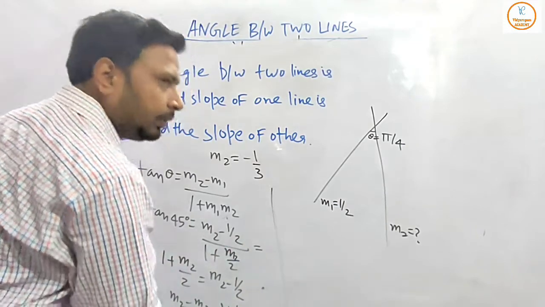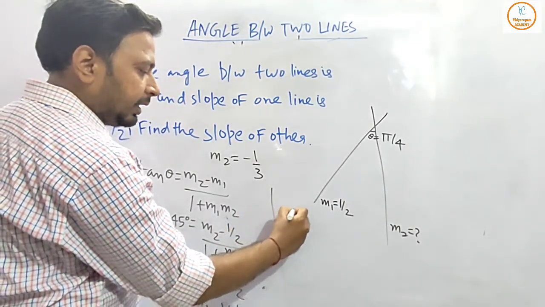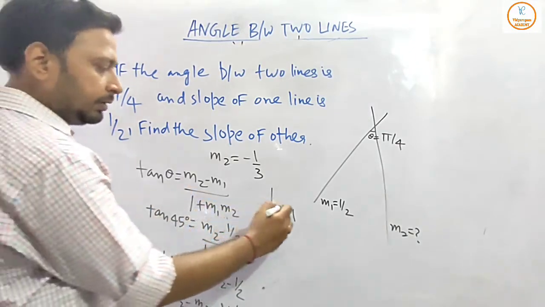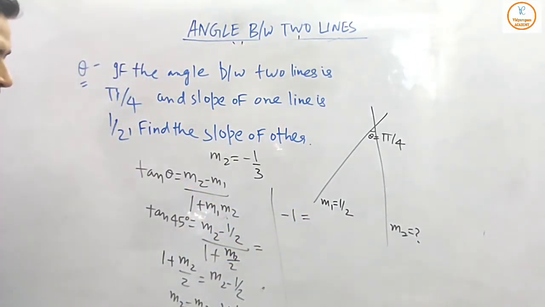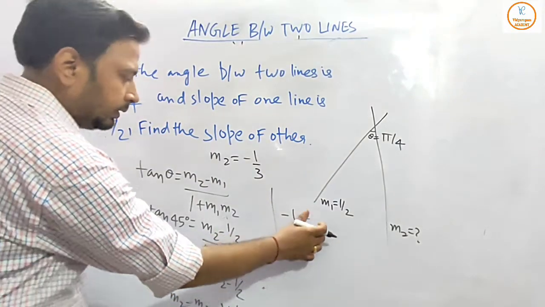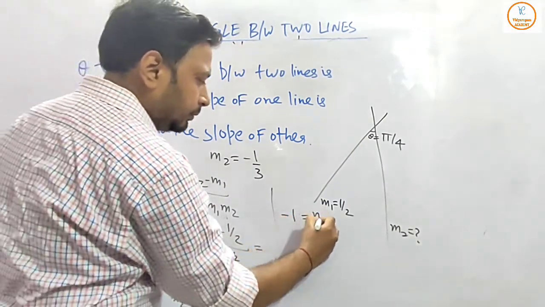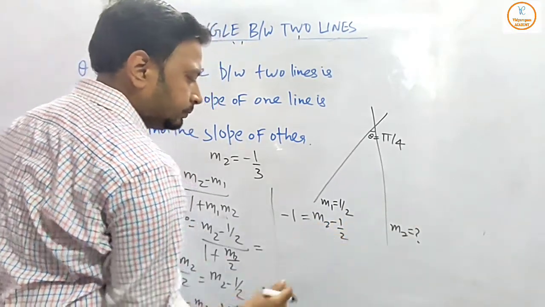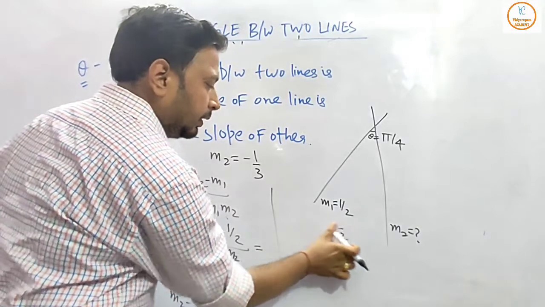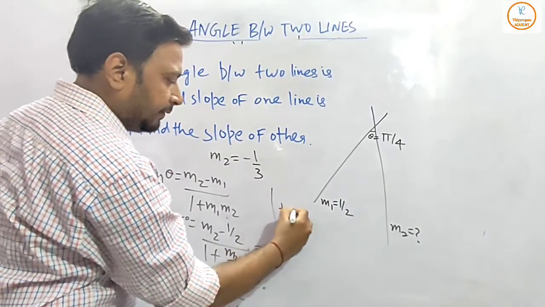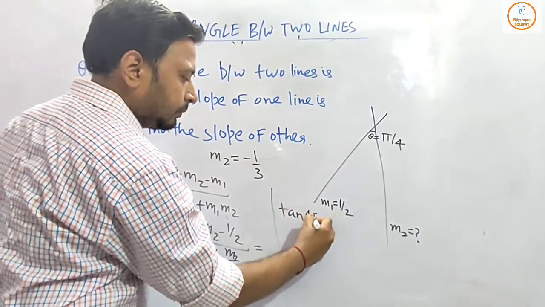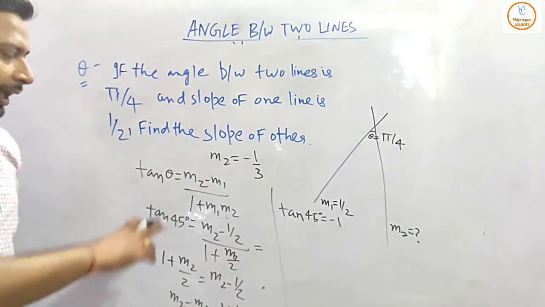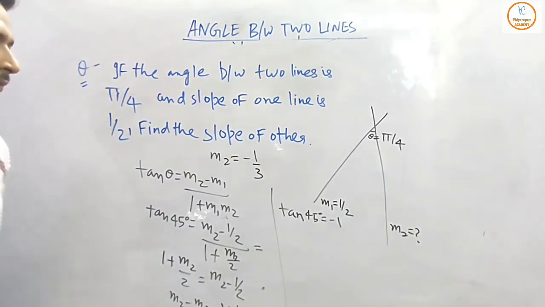And if we take the other side, if we take the angle as phi, then tan phi will be the negative of this one. So everything will be the same. Here tan theta is equal to (m2 minus m1), m1 being 1 by 2. If we take tan phi is equal to minus 1, because tan phi is the negative of tan theta.